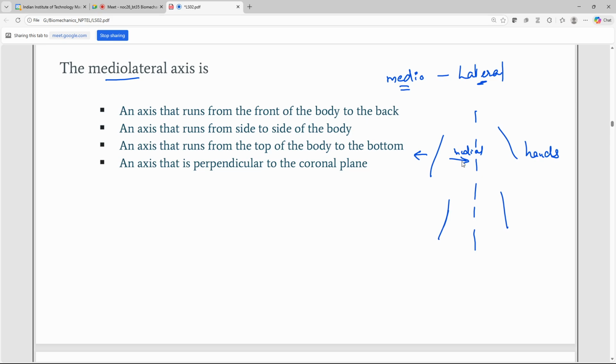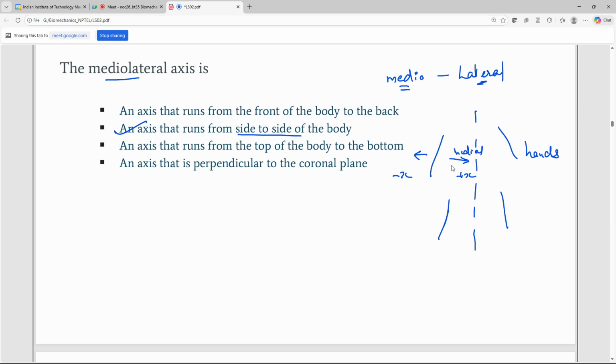So it is connecting towards the center and away from the center in a side by side manner. So the answer is an axis that runs from side to side of the body. These directions can be easily expressed using the mediolateral axis, like we say minus x-axis and plus x-axis, or x-axis simply.